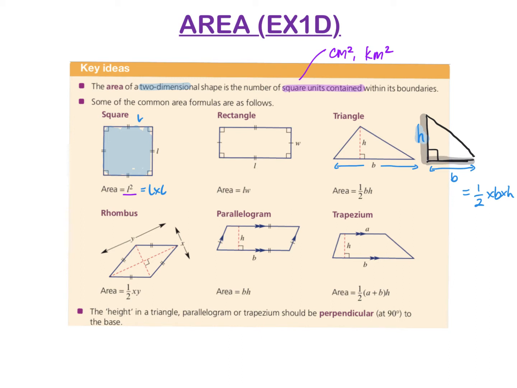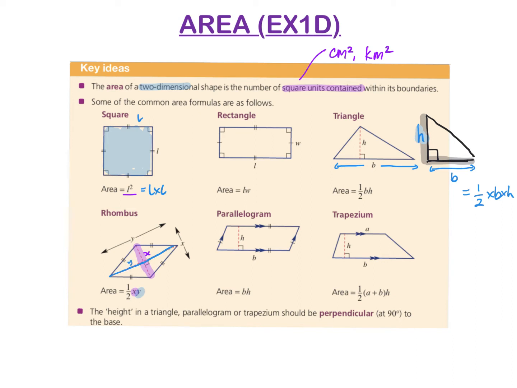We've got a rhombus there, and they're saying it's this X, so X is the width across there. You might want to draw it in, because that might be clearer for you. Then it's times the Y, and the Y is this line along there.